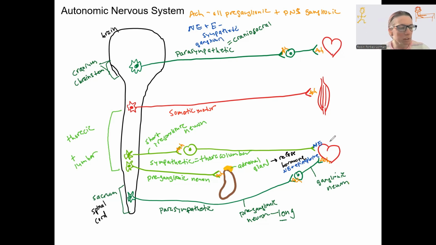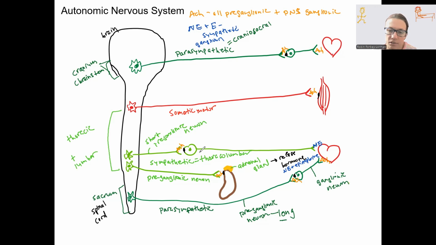So it's going to be really important to look at the receptors that are present at each of these locations. I'll just give you a preview of that now. There's going to be different receptors located, and actually it's the same one here as it is here, in the pre and post ganglionic locations.